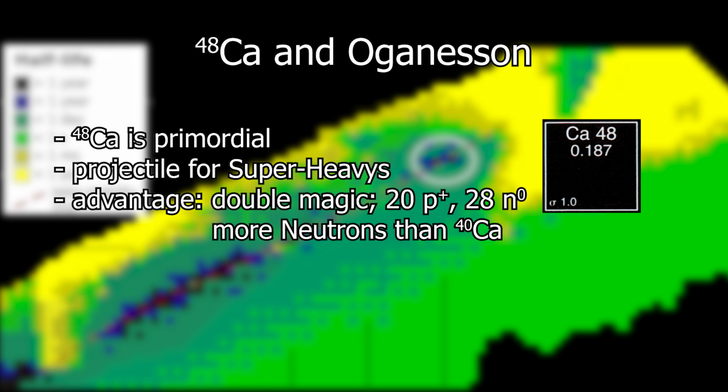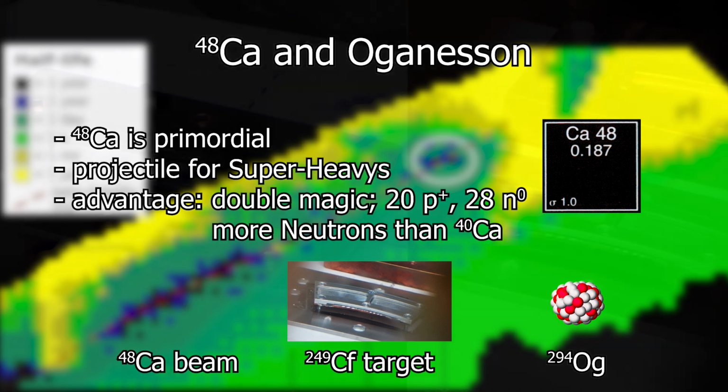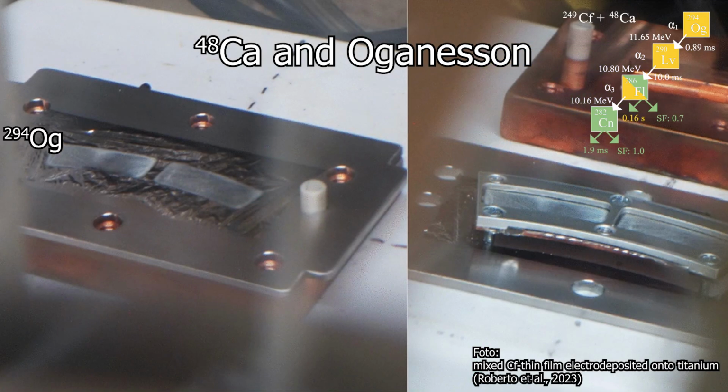For example, calcium-48 was bombarded onto a californium-249 target to produce oganesson-294. I don't want to reveal too much here, as transactinides and other related topics will get their own video in the future. But here's a quick glimpse.